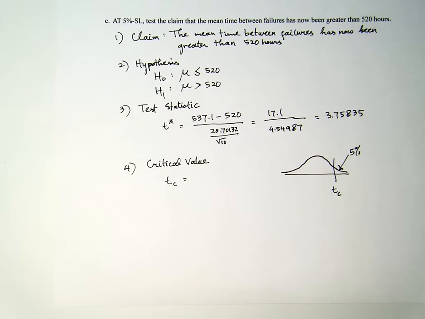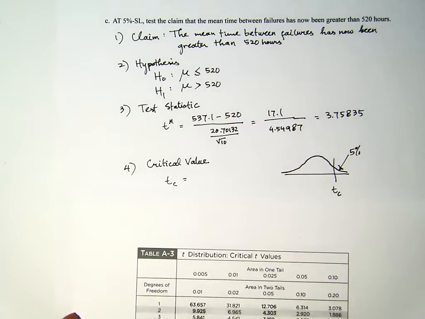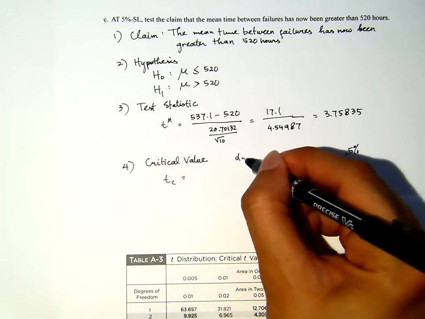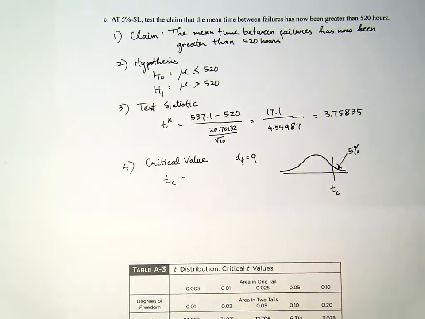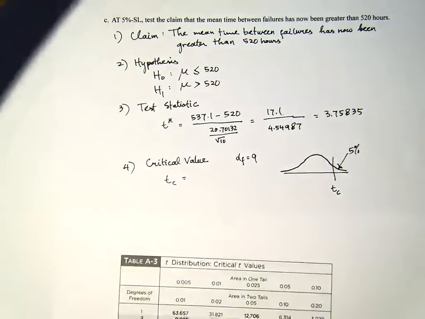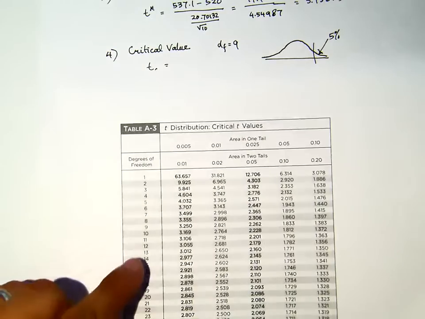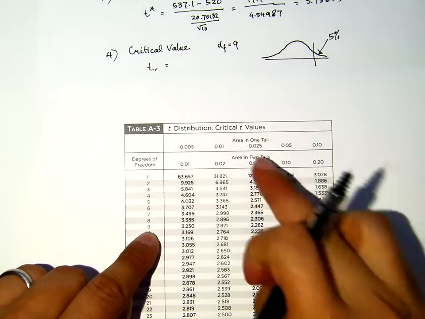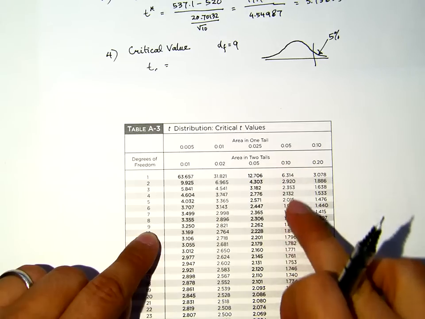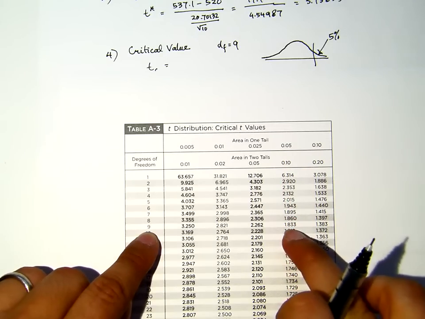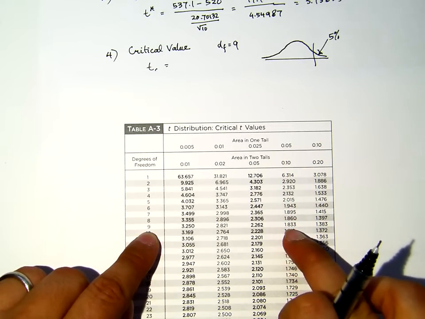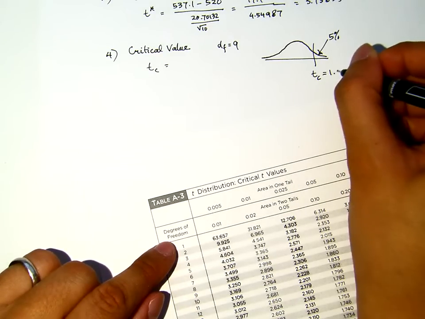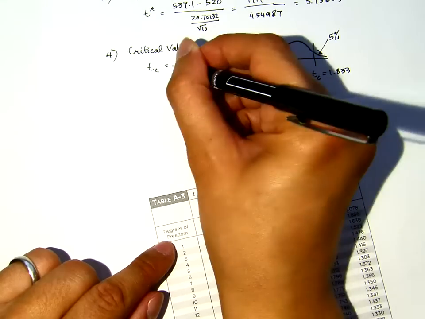If I take a look on my T distribution, the degree of freedom is 9. Let me write it down, the degree of freedom is 9, just to make sure that I remember that. And then the area in one tail is 5%. So I'm looking at this number here. Okay, 1.833.